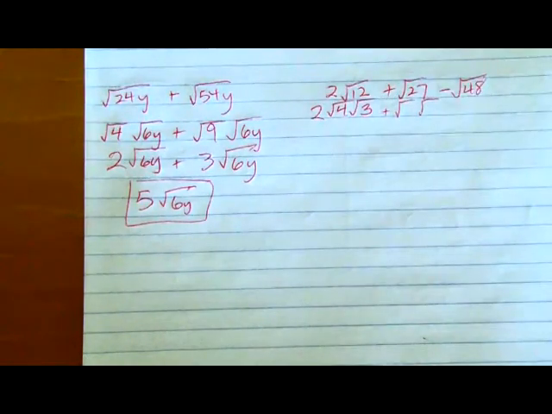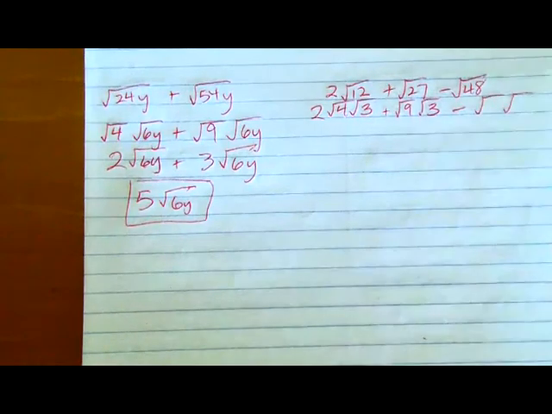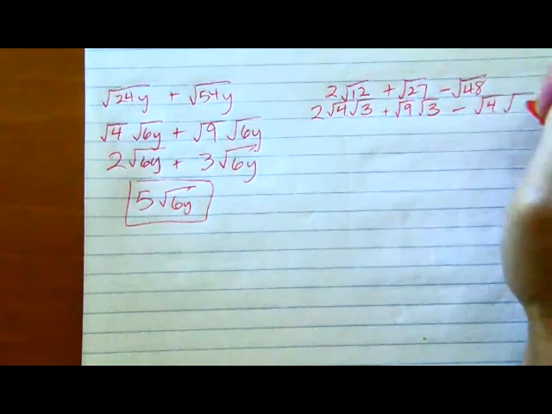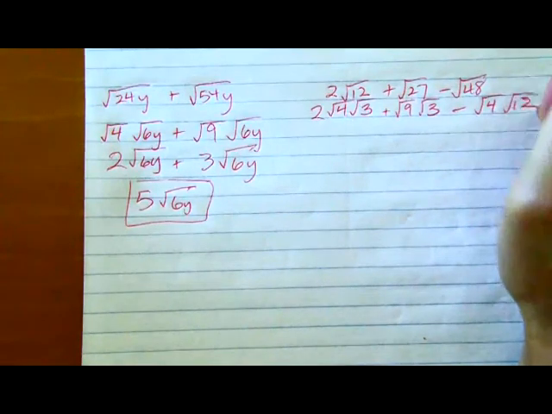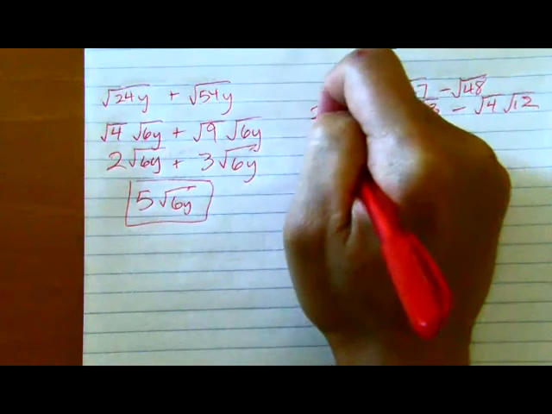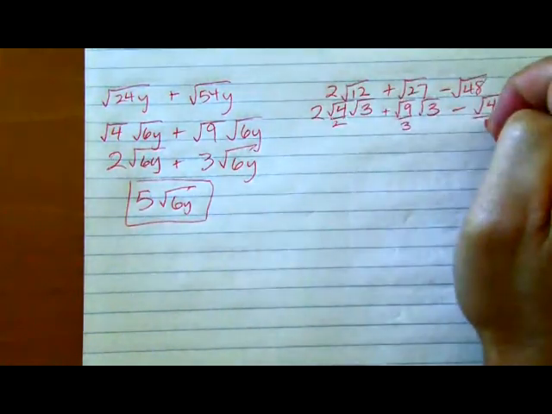How can we factor the 27? 9 and 3. The 48. 4 and 12. Okay, that's fine. I can square root the 4, that's a 2. I can square root the 9, that's 3. I can square root the 4, that's 2.